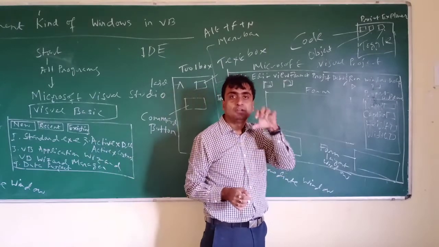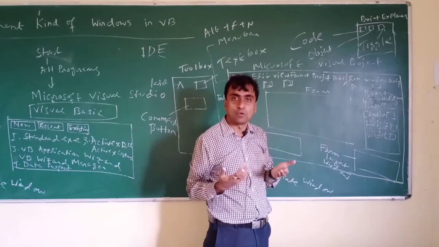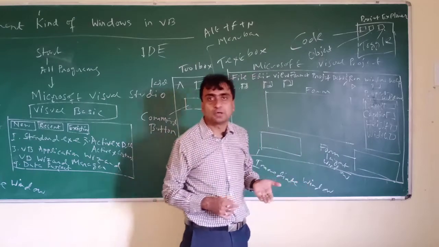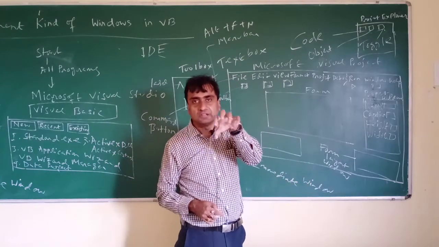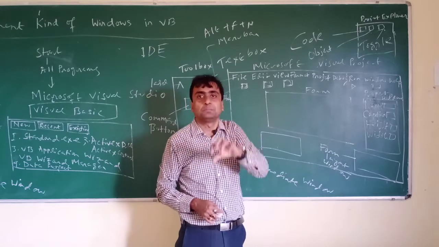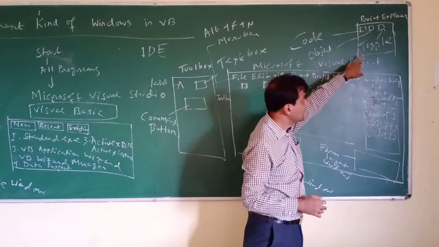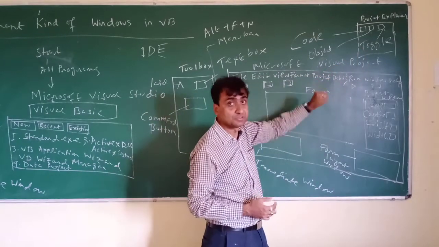You have seen it in your computer if you are using websites. Now we use Google Chrome, Opera, all those things. But the default old one is Internet Explorer. So what does the Explorer do? It opens something. Internet Explorer opens a web page, a web application. Like that, here Project Explorer is one window which opens the project.